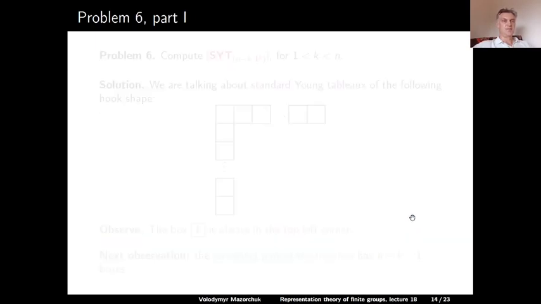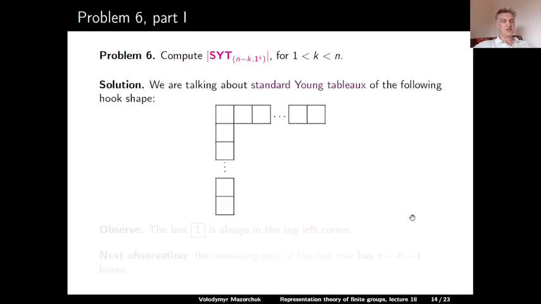Problem 6. Compute the number of standard Young tableaux for the partition (n-k, 1^k), for any k between 1 and n, not including 1 and n. So if you draw the picture, then we see that we are talking about standard Young tableaux of the following hook shape, where we have n-k elements in the first row, and then k additional rows consisting of one element each.